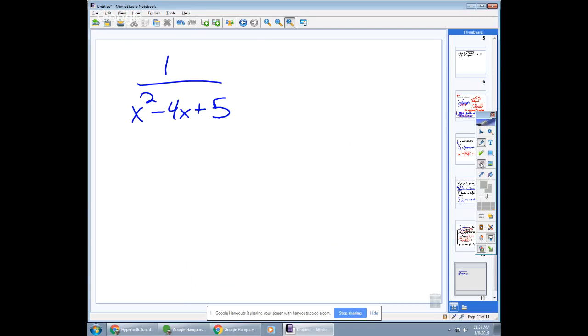Let's do a similar version then. Let's make this a -5, because then it will factor as 1 over x minus 5 times x plus 1. So I get the -5 multiple, and when I add the middle terms, I get a -4: -5x plus 1x.